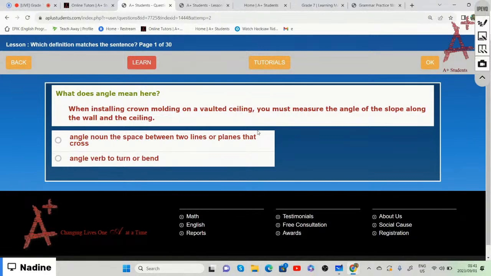So is it angle, the noun, the space between two lines or planes that cross, or angle, a verb, to turn or bend?